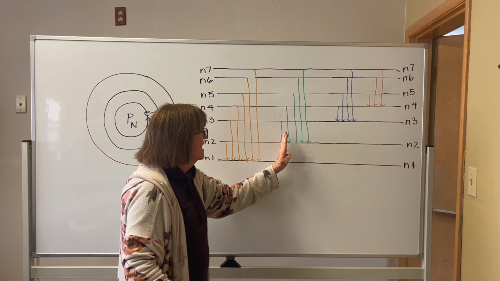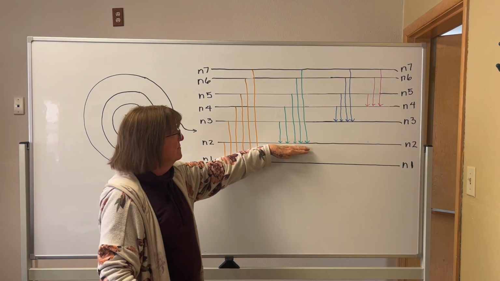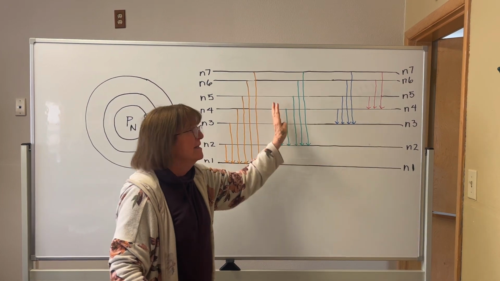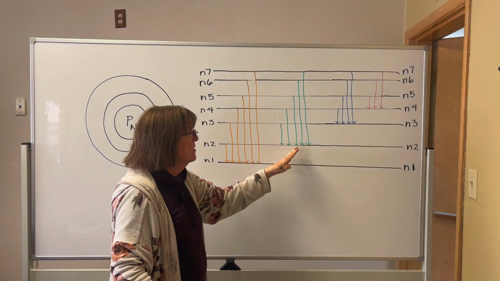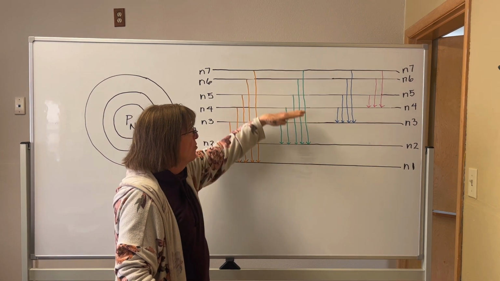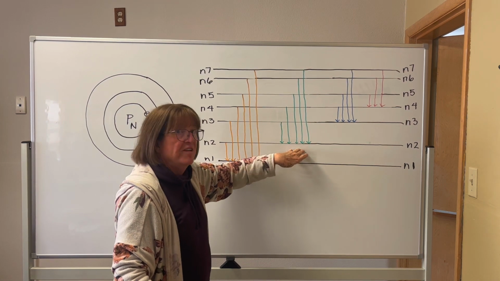He also did where they're going to fall back to N2. And he found these spectral lines. They're green, but this is just representing what they do. And it's because of where they fell to. And this is in the visible spectrum.